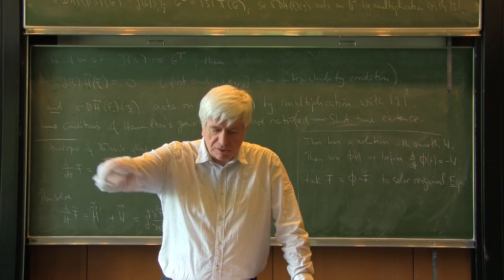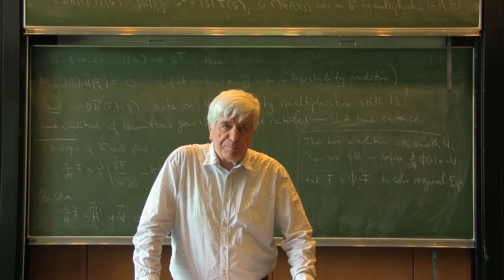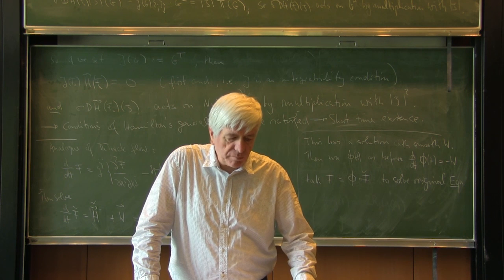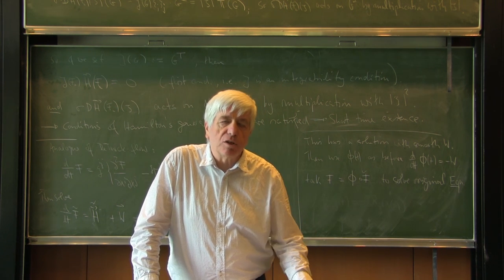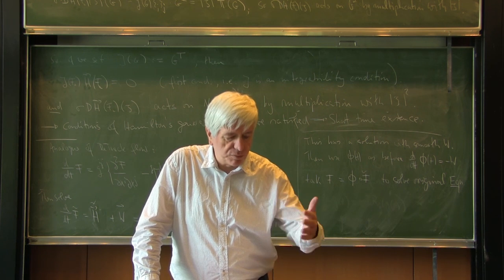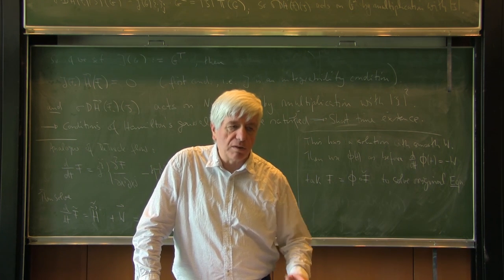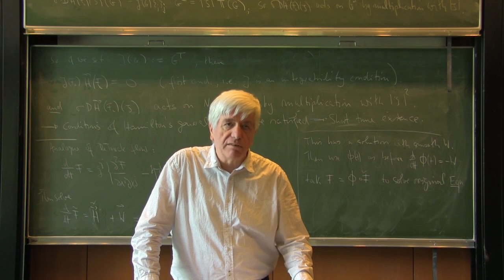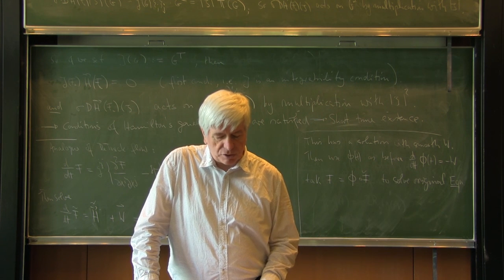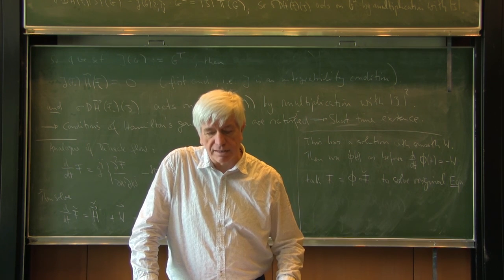If it doesn't have a solution for all time, can we write down a criterion that the flow has to violate if it stops existing. And in fact, we will prove that as long as the curvature is bounded, we can extend the flow. So our first criterion for a singularity will be that the curvature blows up at the singularity. But for that, we have to do some work, and that's in the next lectures.